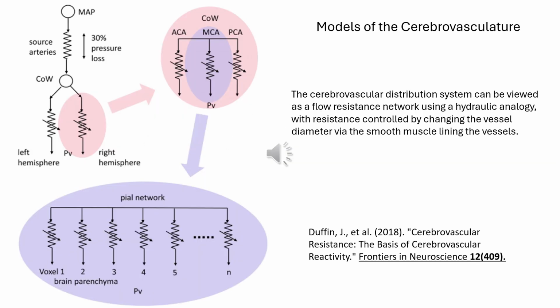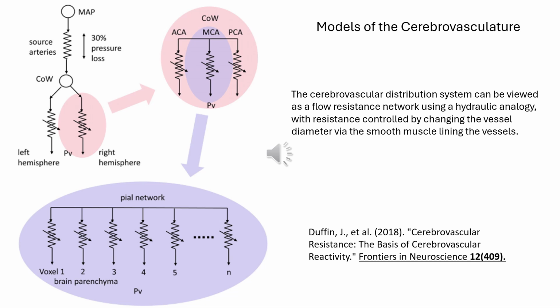The cerebrovasculature is the complex network of blood vessels that distribute blood to the brain. One way of envisioning this network is to consider each vessel as a flow resistance, as shown here.